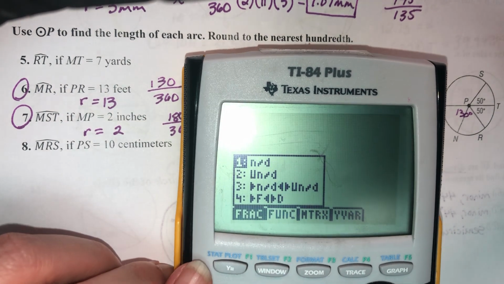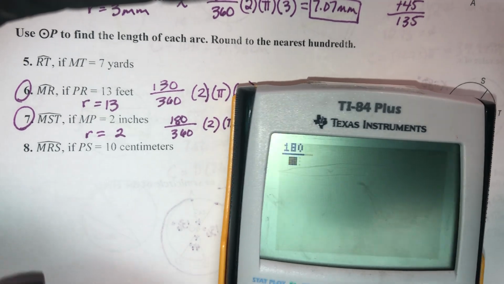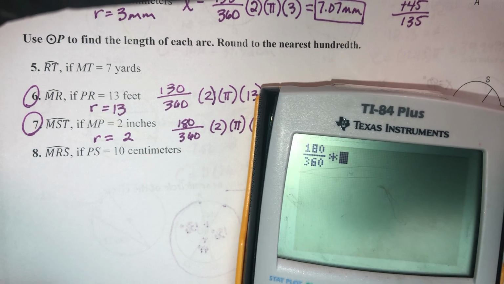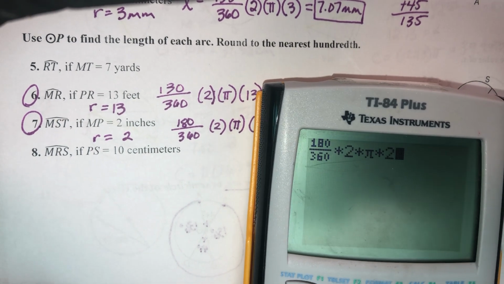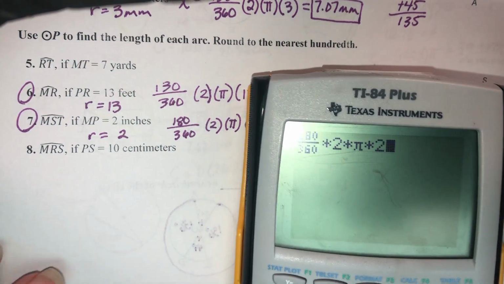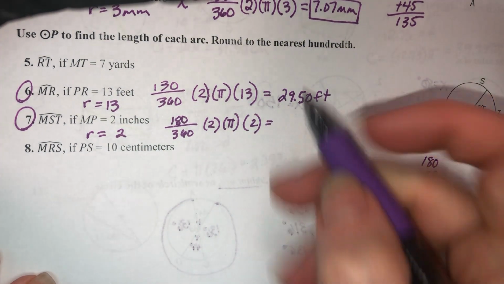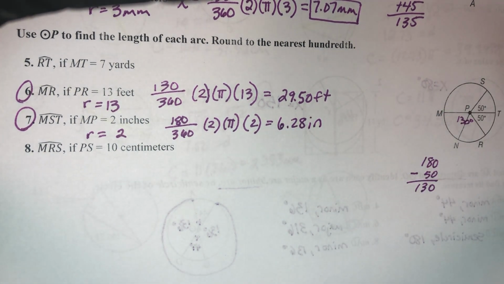Alpha y equals, number 1, 180 over 360 times 2 times pi times 2 again for the radius, 6.28 inches. Okay, hopefully you got that correct.